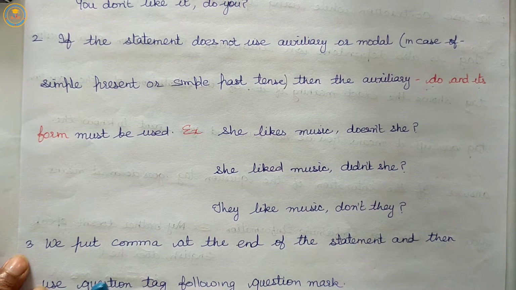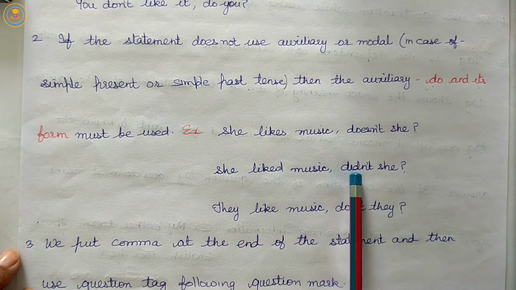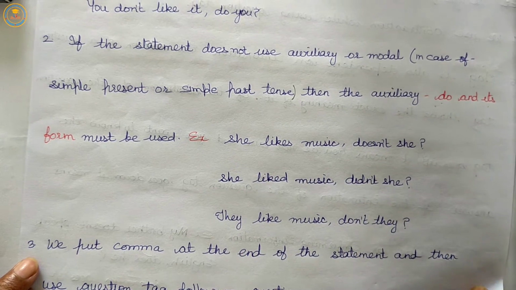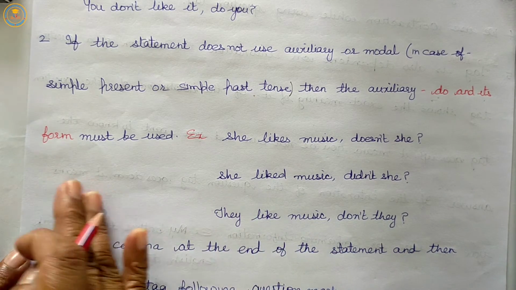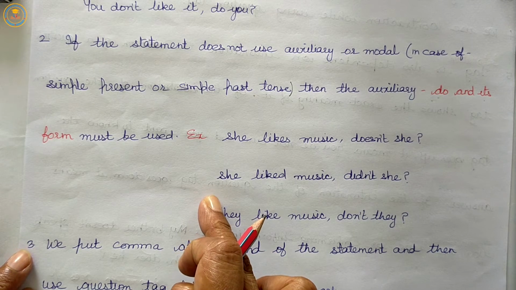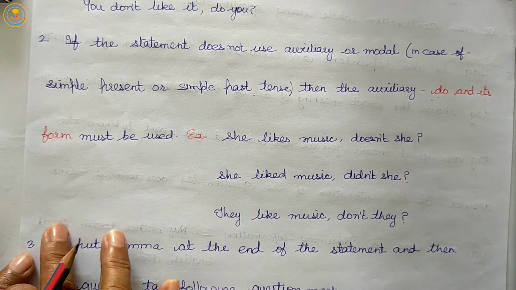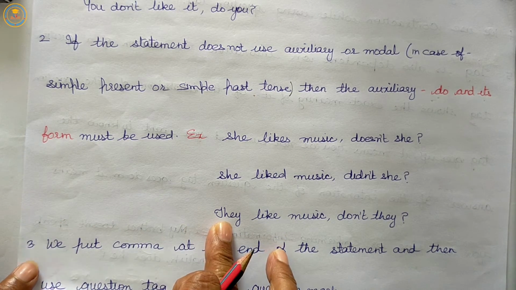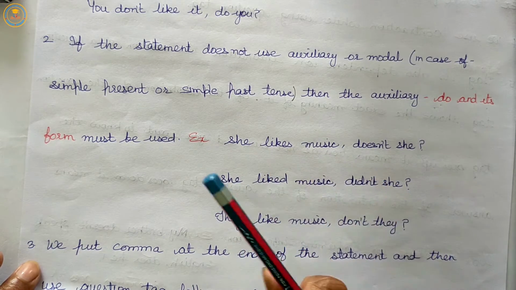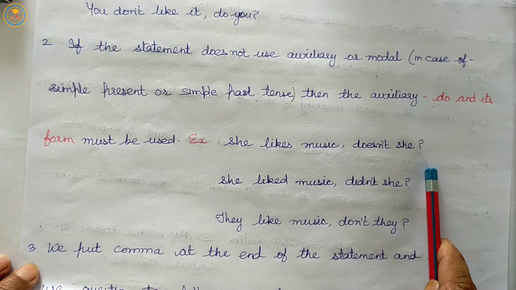Here the third key point tells us about the complete structure or pattern of these tag questions. The pattern is that a positive statement will give the tag question in negative, and a negative statement will give the tag question in positive, following the comma at the end of the statement, then the question tag, then the question mark.